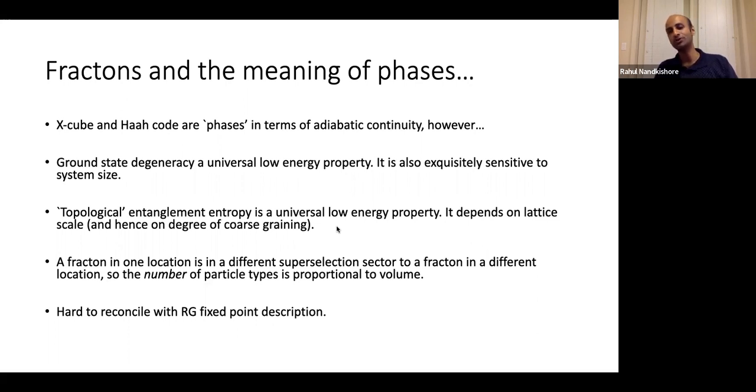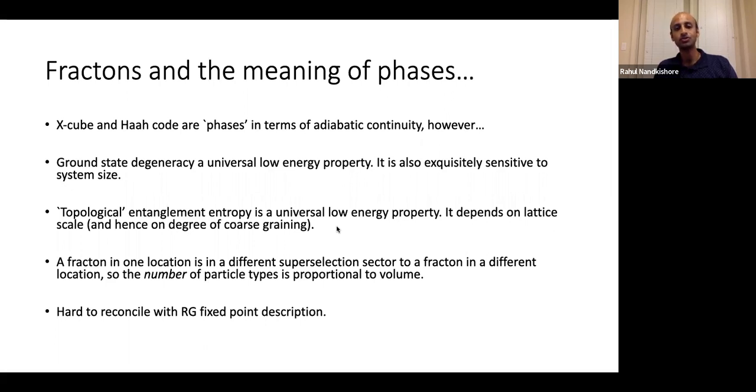So you can call this UV-IR mixing if you like, but it's certainly not the standard picture we have of RG fixed points, where you've essentially forgotten all about the UV entirely, and all you've retained in your description is stuff like dimensionality and symmetries and so forth. So in that sense, they don't really fit into the familiar picture of phases as RG fixed points with some plain continuum field theory description that's insensitive to the UV.